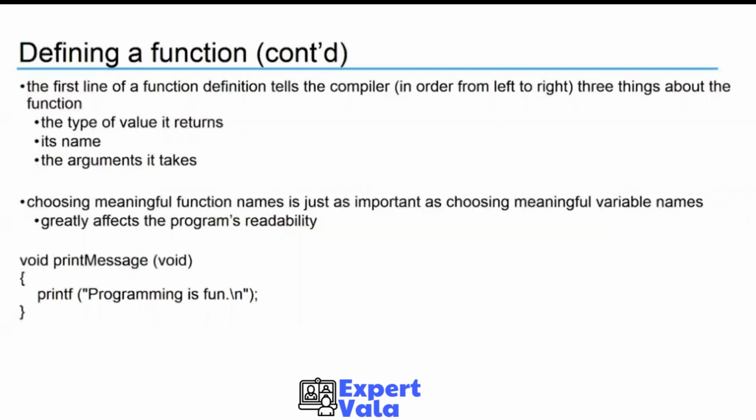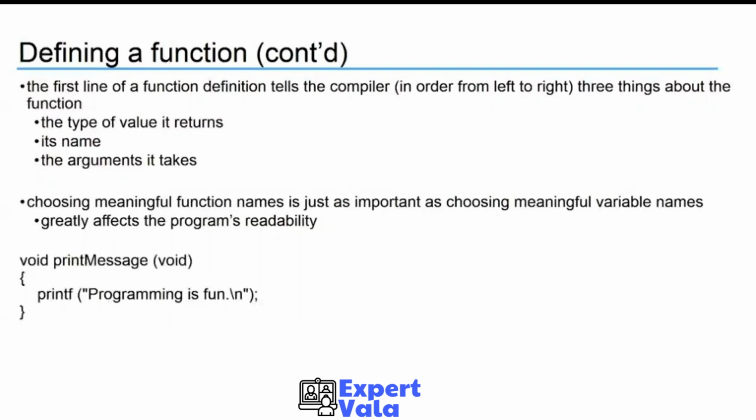In that example, our simple function, don't worry about the void, just worry about the name here. We have a function named print message, and then we see that curly brace which signifies the start of the function, and then we have some implementation, and this implementation is doing nothing more than displaying a string of text, and then we have that right curly brace.